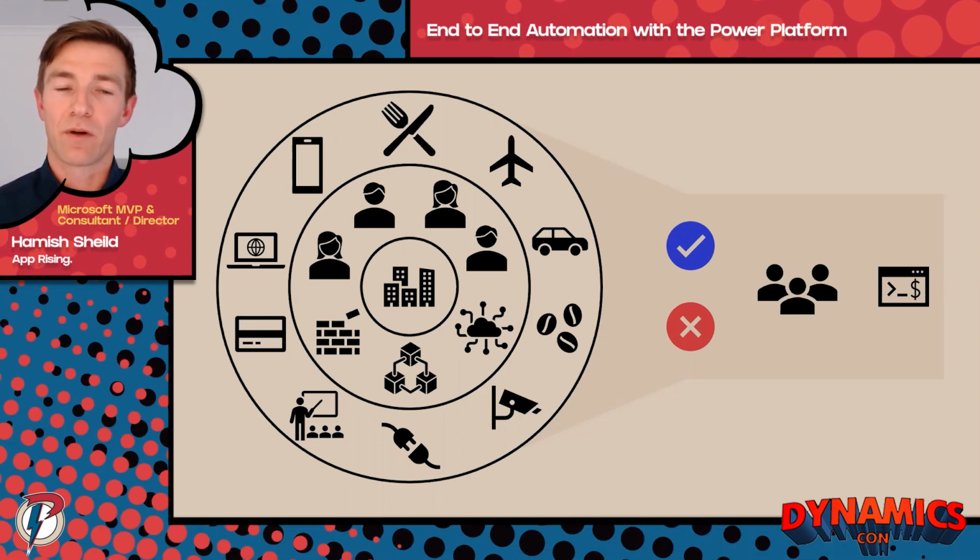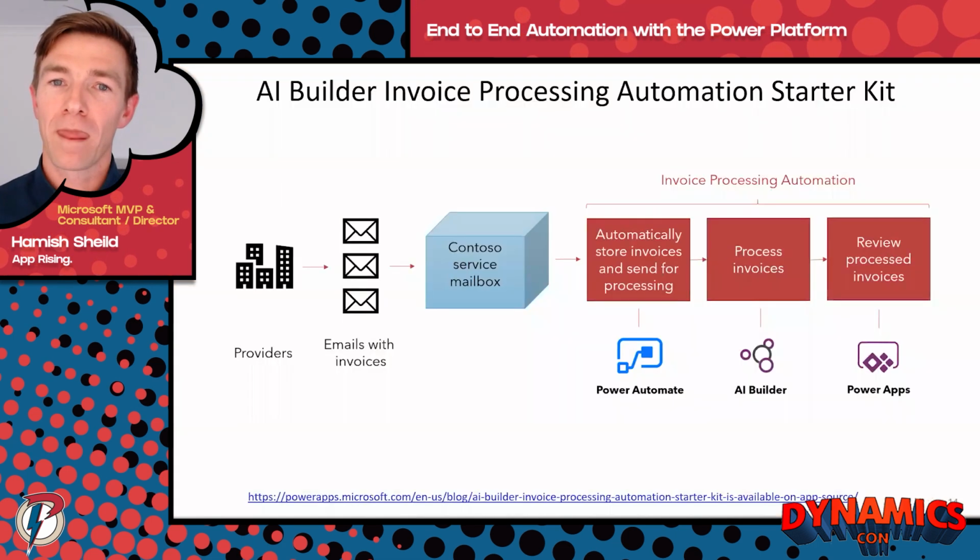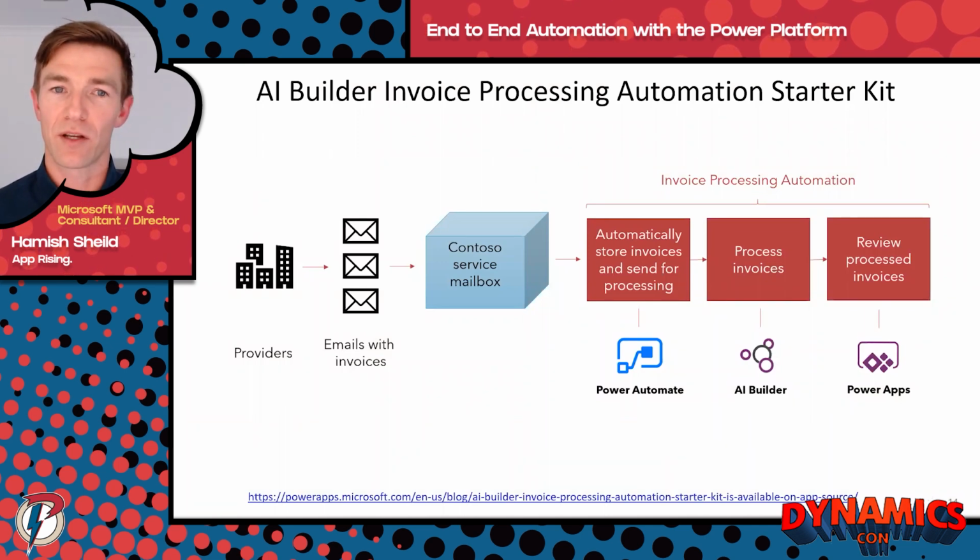But I think what I've shown you today is you've got, I guess, the bones, and you can see what's possible with the platform and combining all these components together. To help further with the scaling of things, Microsoft have got a solution called the AI Builder Invoice Processing Automation Starter Kit.